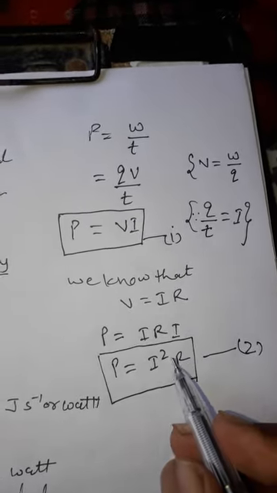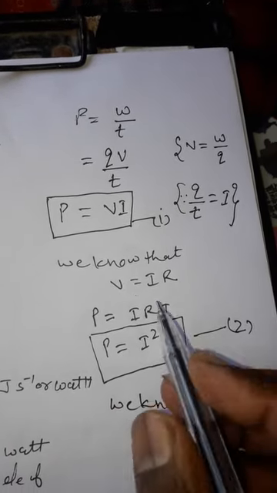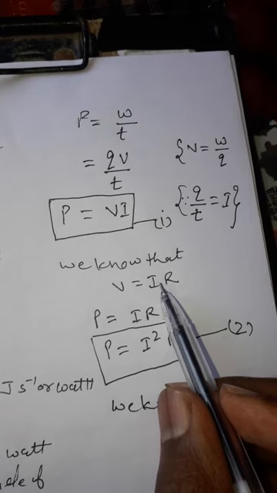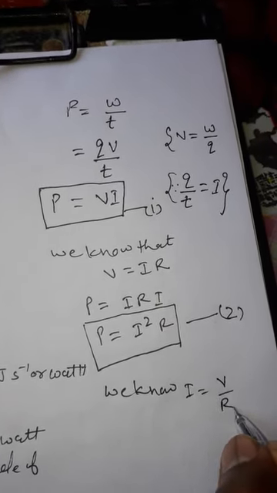In a similar way, we know that V is equal to IR, so I must be equal to V upon R, again from Ohm's law.